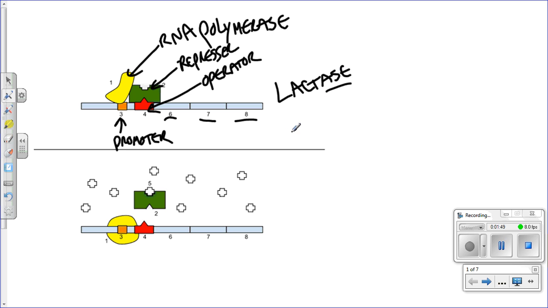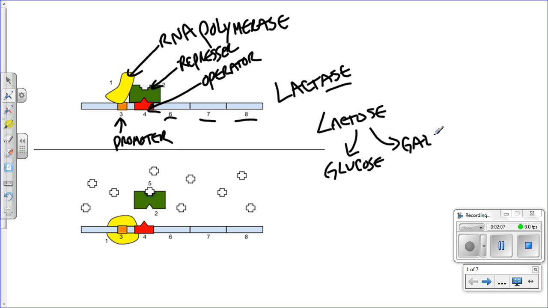Remember, ase means enzyme, so lactase must work on lactose. Lactose, when the glycosidic linkage is broken, turns into glucose, which is readily metabolized, and galactose, which we can use isomerase to change into glucose.